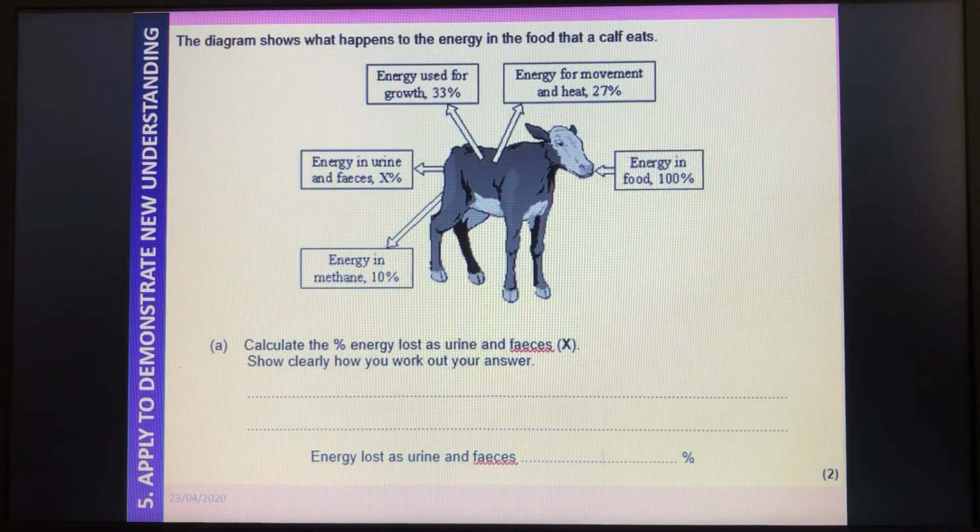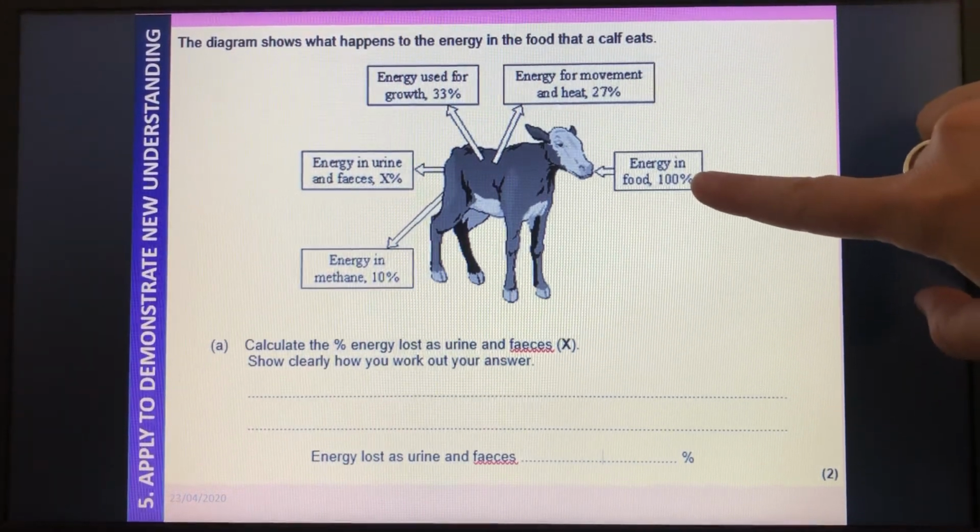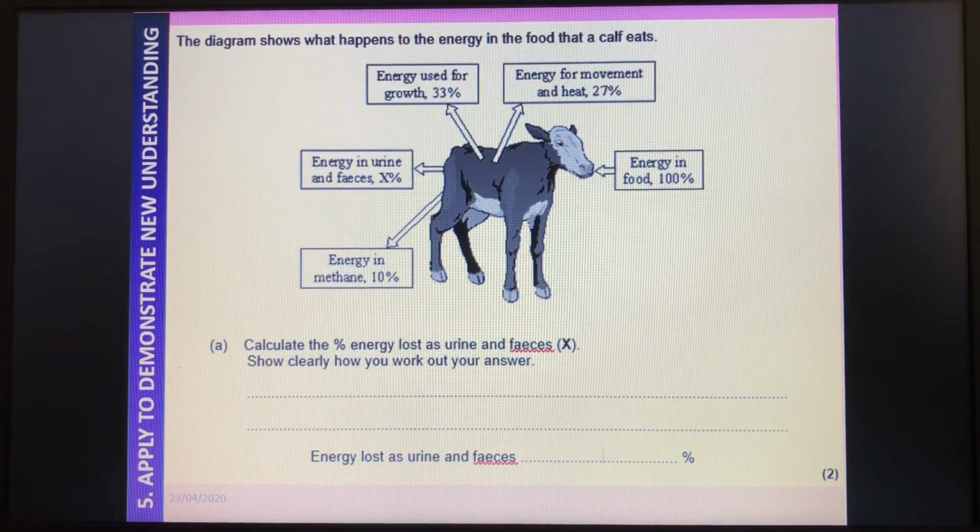Okay, so we're now moving on to another exam question, really similar. The diagram shows what happens to the energy in the food that a calf eats. We've got food energy in at 100%. We've got energy for movement at 27%, energy used for growth at 33%, energy in urine and faeces is X, we don't know that one, and energy in methane is 10%.